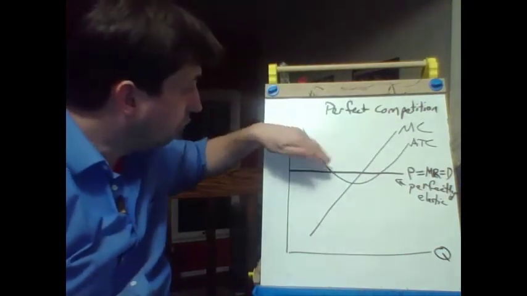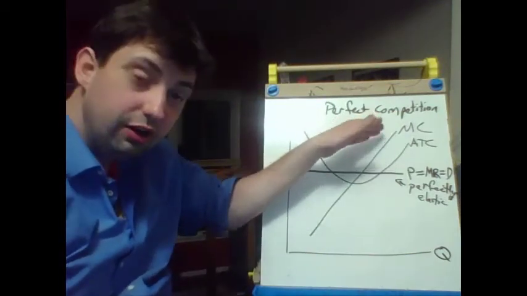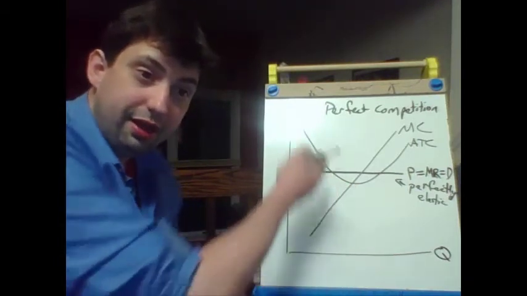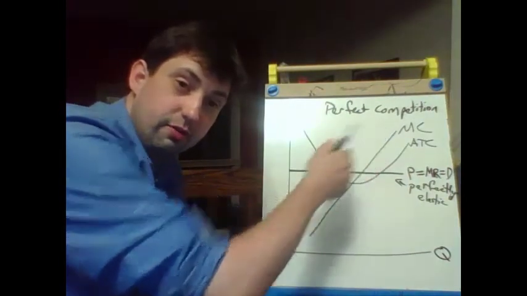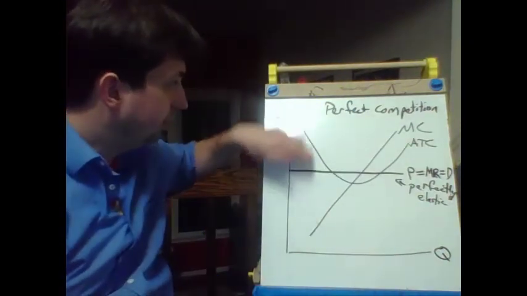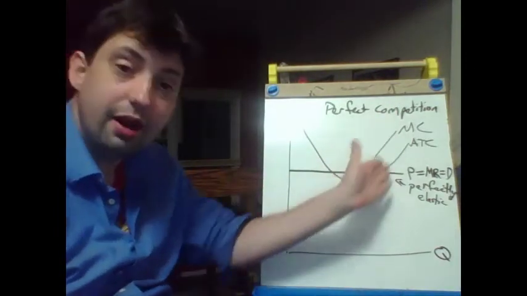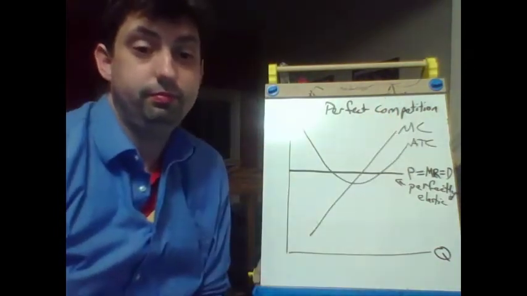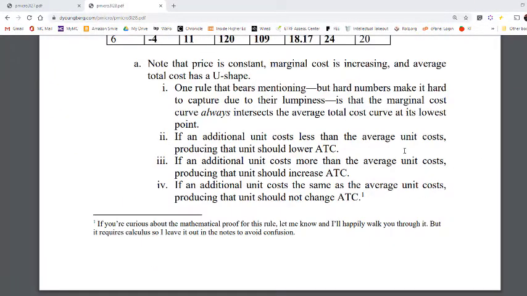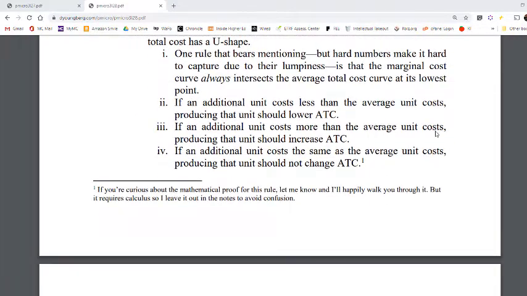So it's downward sloping when the margin is lower and upward sloping when the margin is higher, which means they must be equal at the lowest point, at that point of transition. When marginal costs are really low, average costs are falling. When marginal costs are really high, average total costs are rising. It's a little hard to see in our numbers because they're kind of lumpy, but that's the rule.